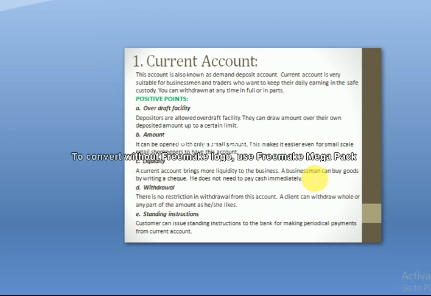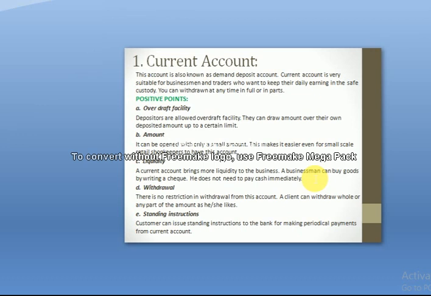A current account brings more liquidity to the business. A business can buy goods by writing a check, demand deposits, etc., and does not need to pay cash immediately. So liquidity means changing any assets to cash or cash equivalent form.